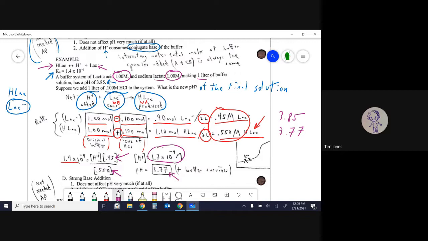So you can see the buffer did what it's supposed to do. It buffered. And if we wanted to think, do we still have a buffer? Well, yeah, because we still have a significant amount of both species. So that's still a buffer. It's a buffer with a slightly different pH, but it is still a buffer.